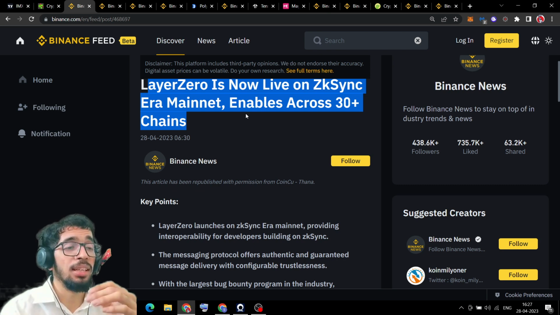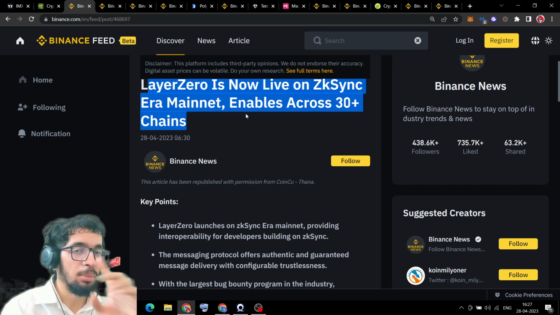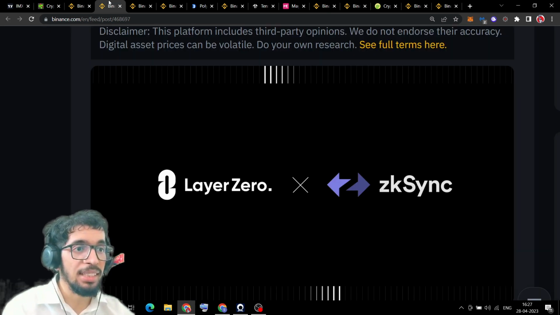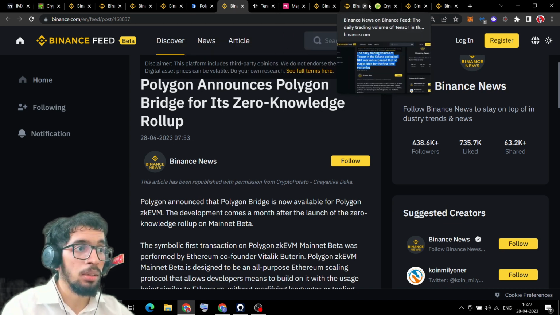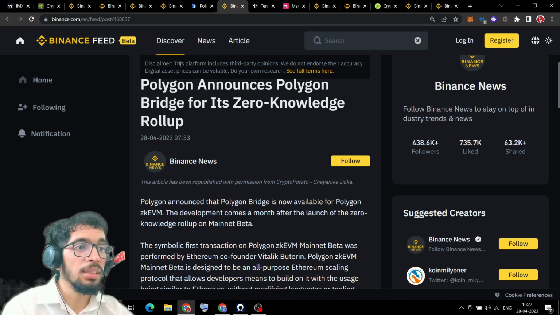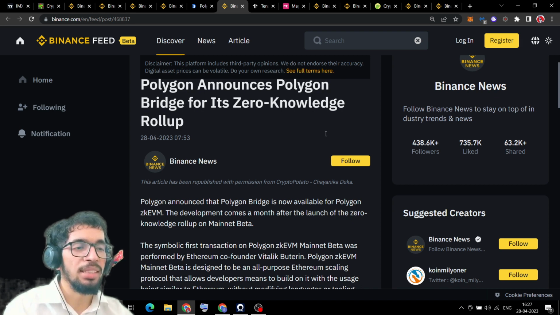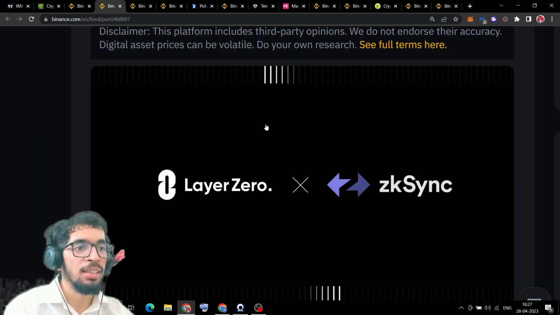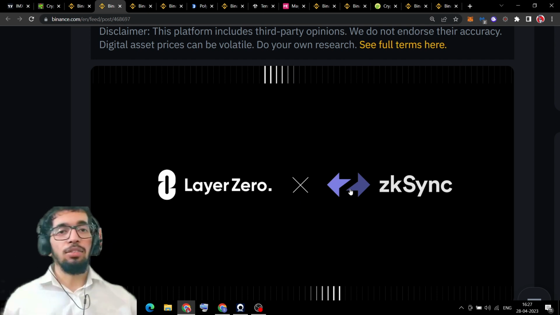You know that LayerZero is an omnichain bridge, so it partnered with ZK Sync. As with the earlier news, Polygon makes a bridge for their ZK EVM, and right now you see LayerZero partners with ZK Sync. Okay, so that's it for this news.